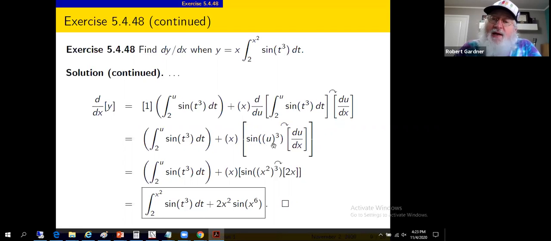So we get sine u cubed. That's what the fundamental theorem of calculus part 1 says. It was stated in terms of x's instead of in terms of u's, but they're dummy variables. And then over here on the right, we're still carrying along this du dx. The chain rule put it there, so let me keep up with the little arrows.